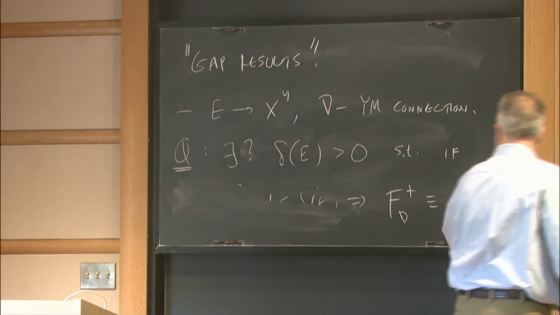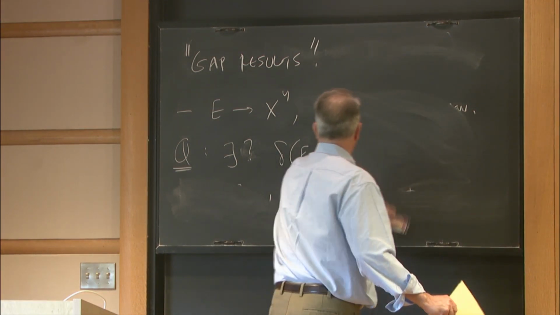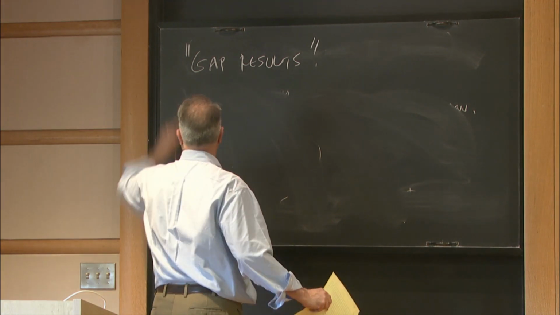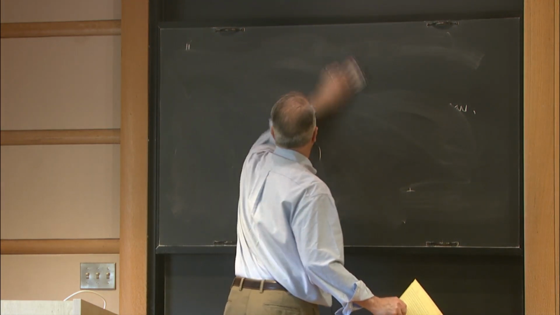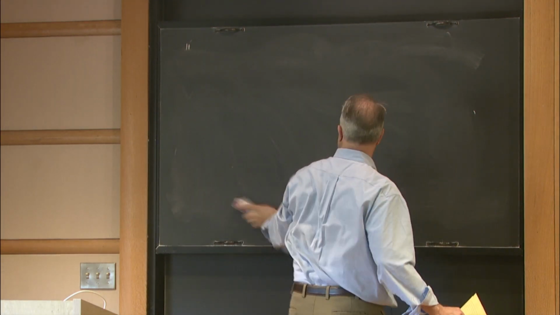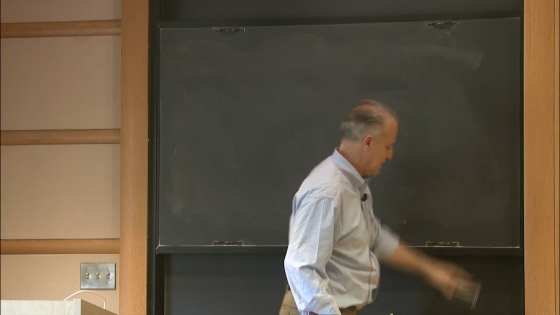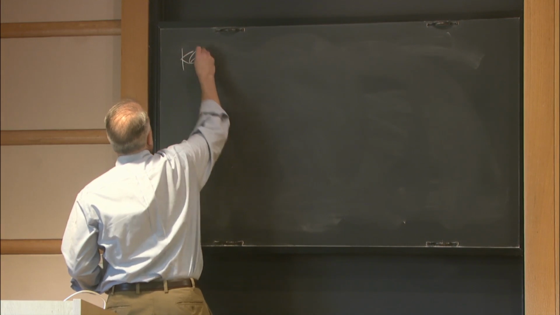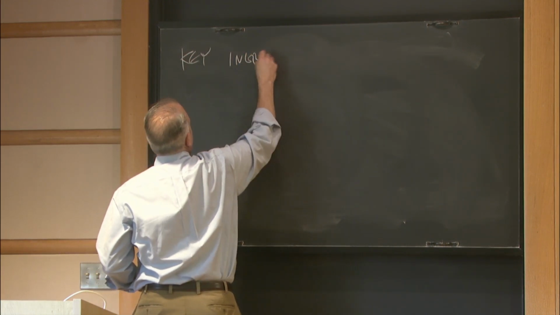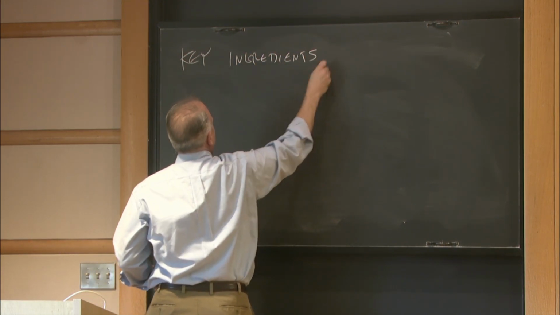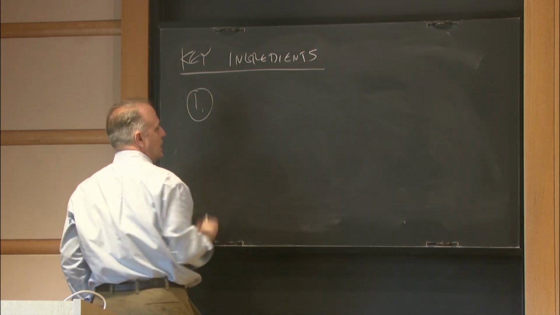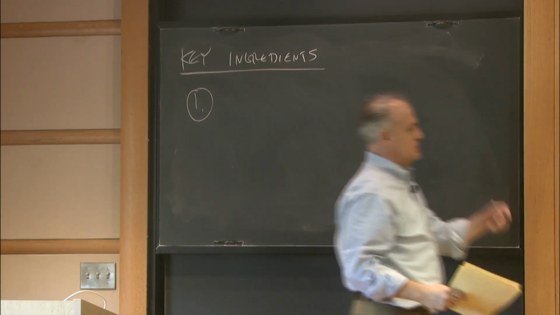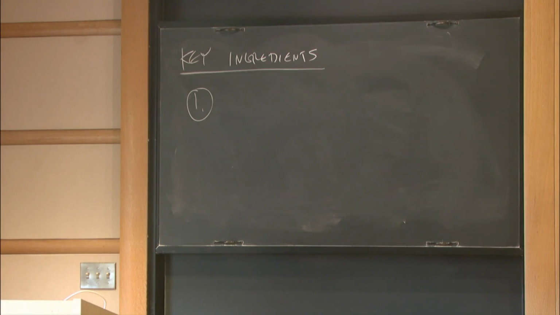So there's two ingredients in the proof, and I'll postpone both of them to the second part of the talk. I promise they won't both be one hour. So the key ingredients. The first one is, I guess I should have said this when I first wrote down the formula.